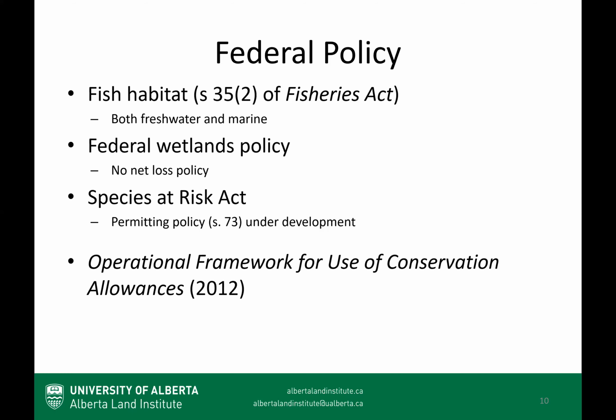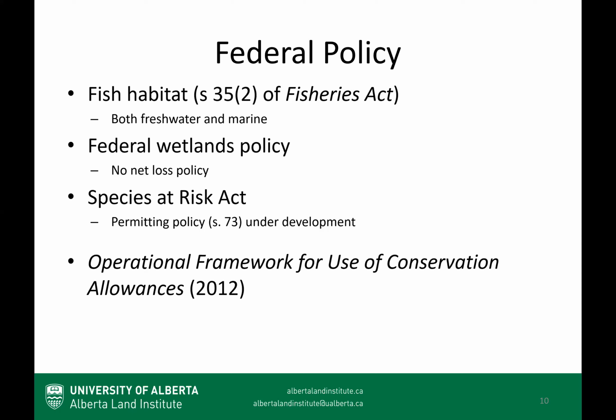Okay, so moving now to Canadian policy, we have several pieces. The most broadly known and one of longest duration is the federal fish habitat policy, an operationalization of Section 35.2 of the Fisheries Act that requires a permit if one is going to undertake activity that will result in harmful alteration, disturbance, or destruction of fish habitat.